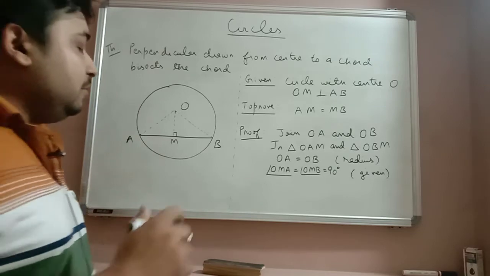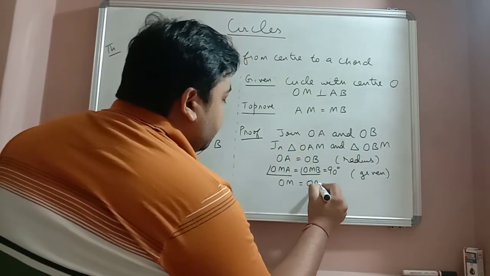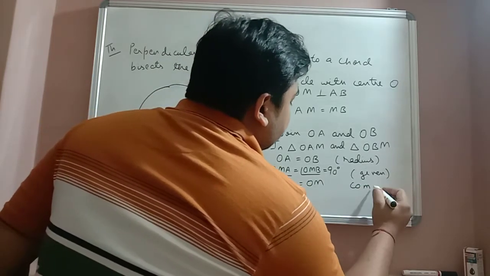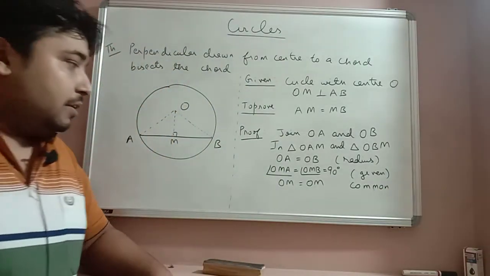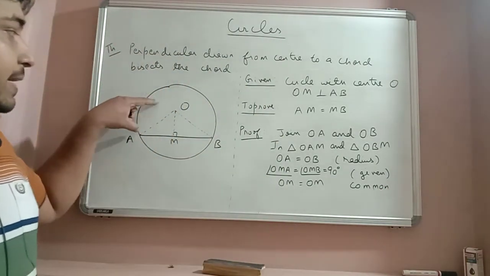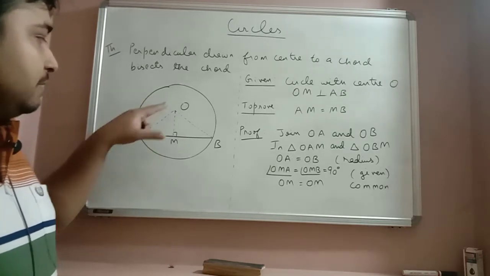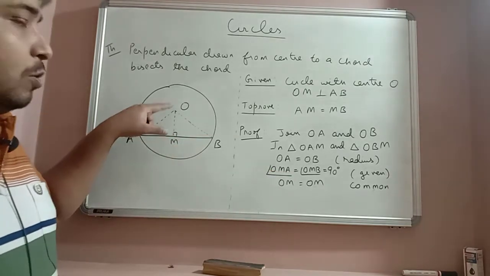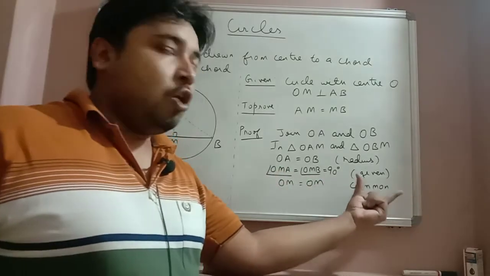And we have OM equal to OM, that is a common side to both these triangles. So we see here OA is equal to OB, angle OMA is equal to angle OMB equal to 90 degrees, and OM is equal to OM, that is common.